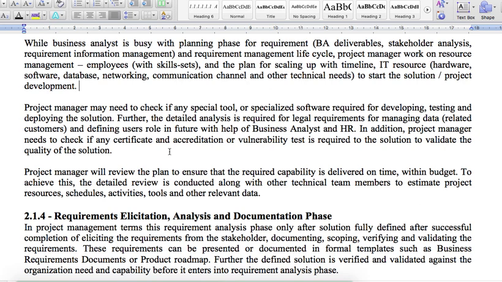In addition, the project manager needs to check if any certification, accreditation or vulnerability test is required for the solution to validate its quality. This is again extremely important when you are looking at the requirements, and some projects do require this accreditation or vulnerability test.